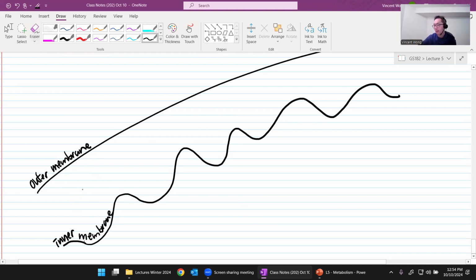What is the name of the space between the outer and the inner membrane? Remember? Yeah, that would be the intermembrane space. Very good. And the innermost portion is the matrix.